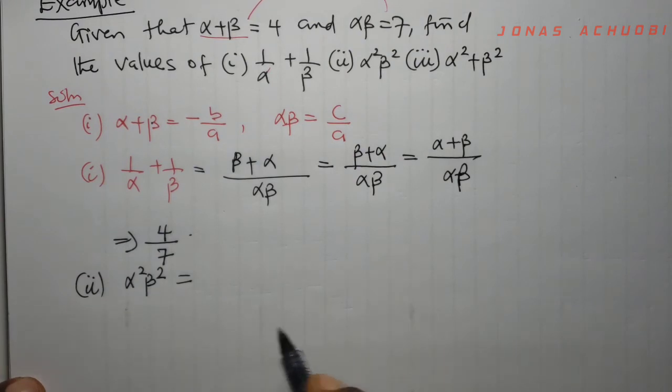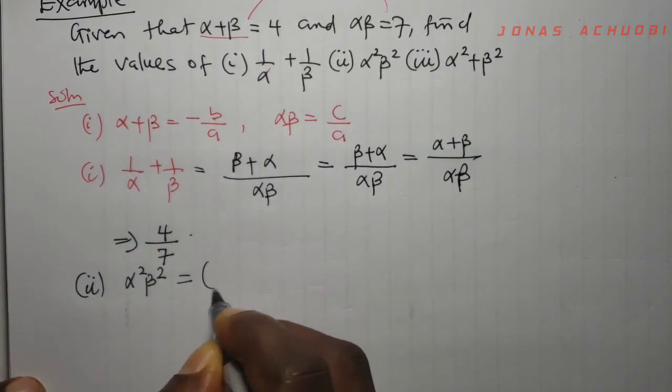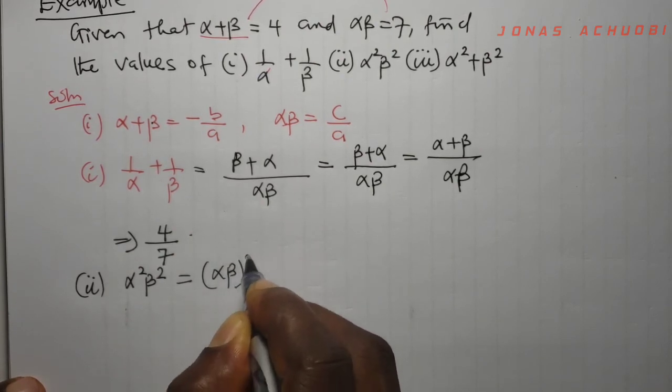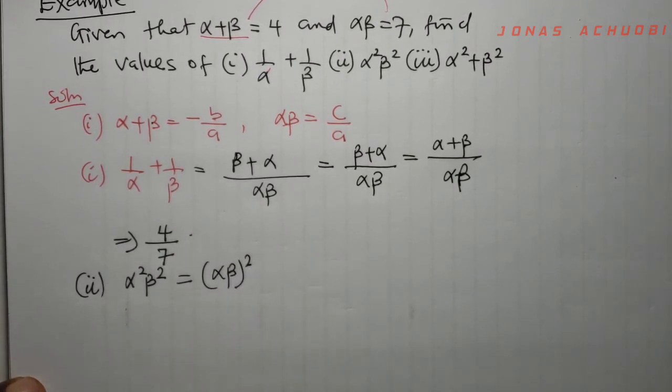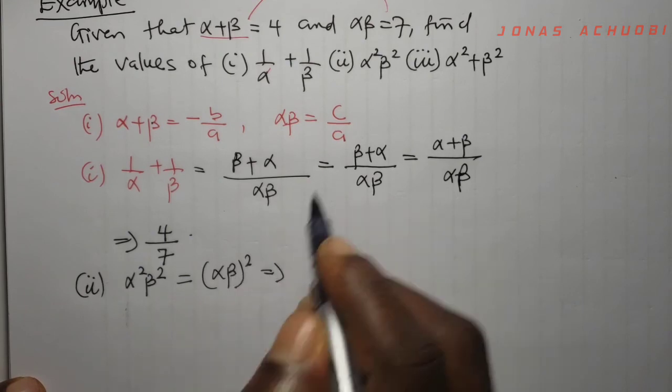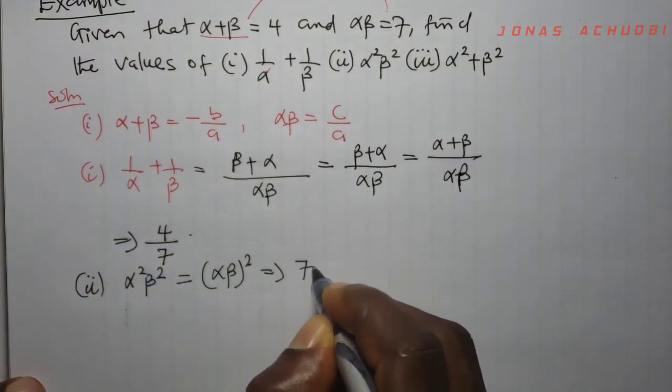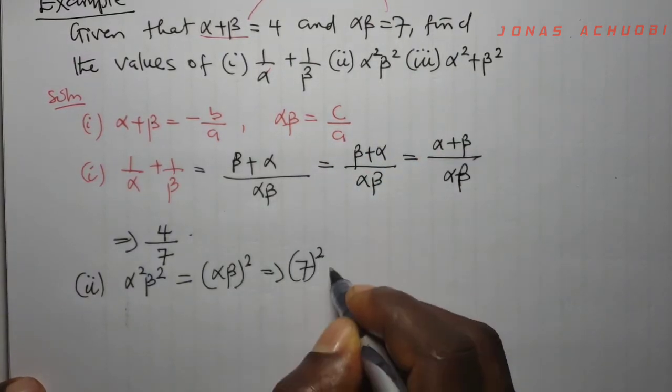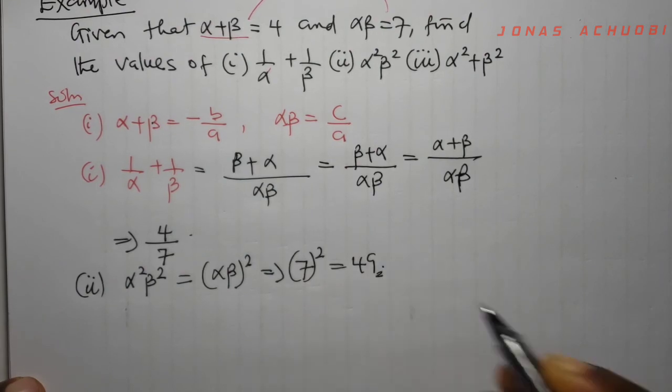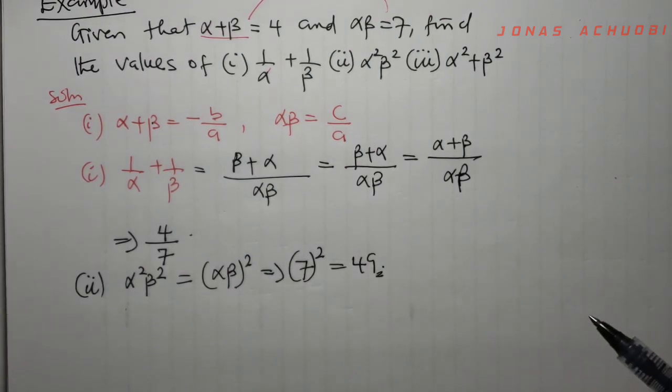What I see here is that if I apply my elementary set of indices, I can write this as alpha beta all squared, so that alpha beta, which is 7, becomes 7 squared. And that is equal to 49. And that is all about that particular case.